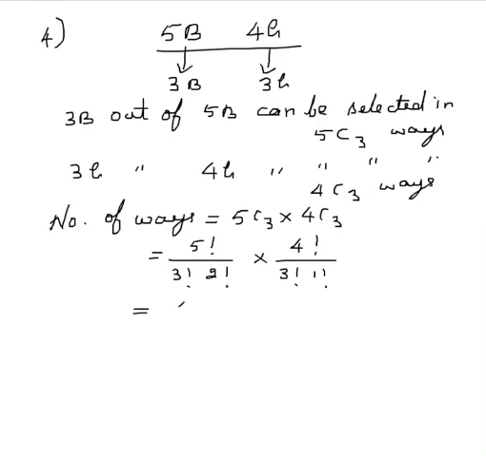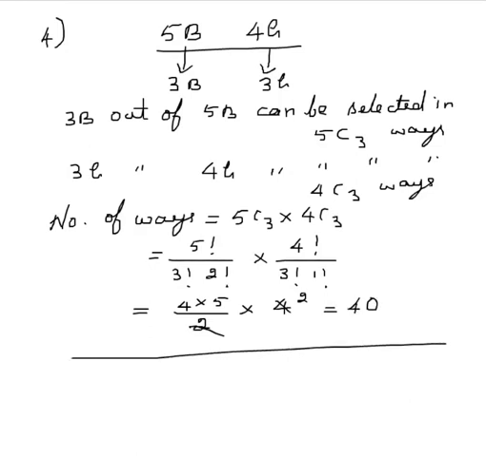Cancel 3 factorial. 4 times 5 divided by 2 factorial is 2. And here if you cancel 3 factorial, it is 4. The answer is 40. So 40 different ways are there to select 3 boys and 3 girls out of 5 boys and 4 girls.